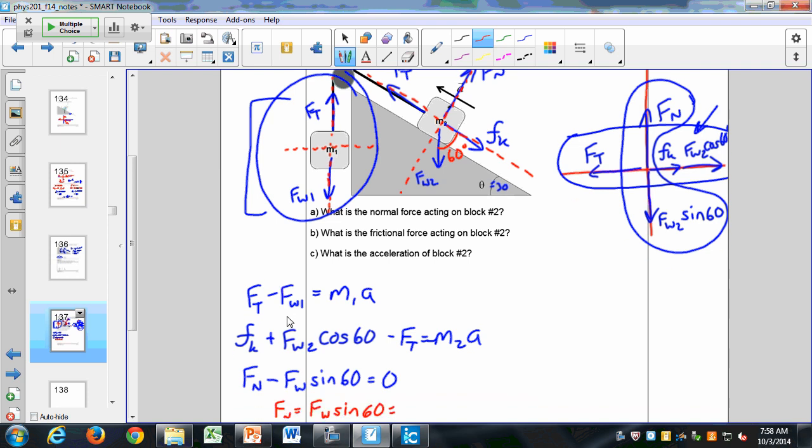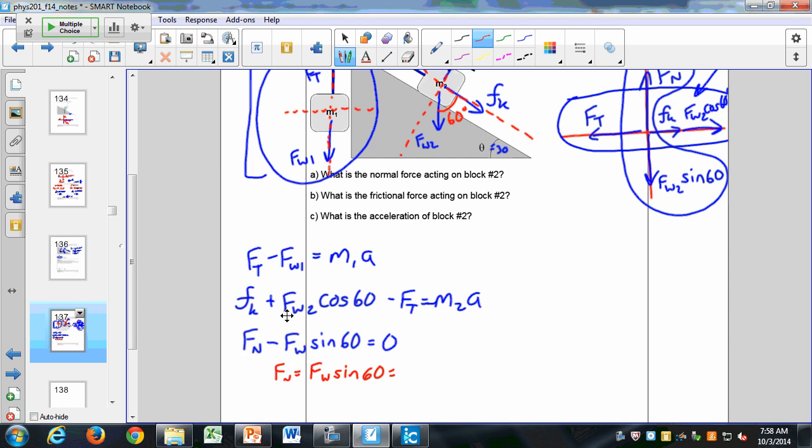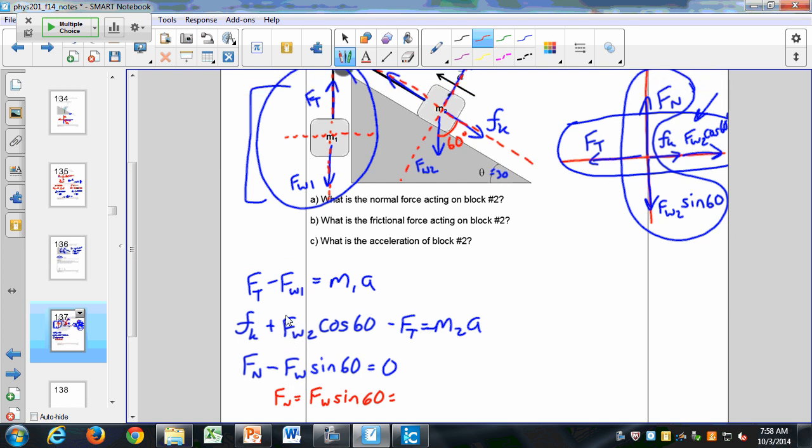It would change the sign of the acceleration you find in the end. Is our acceleration in the end going to be positive or negative? It's going to be negative. The way we've drawn our coordinate system, on the inclined plane it's going in the negative x direction, and on the block that's dropping, it's going in the negative y direction. So it'll be negative in both cases.